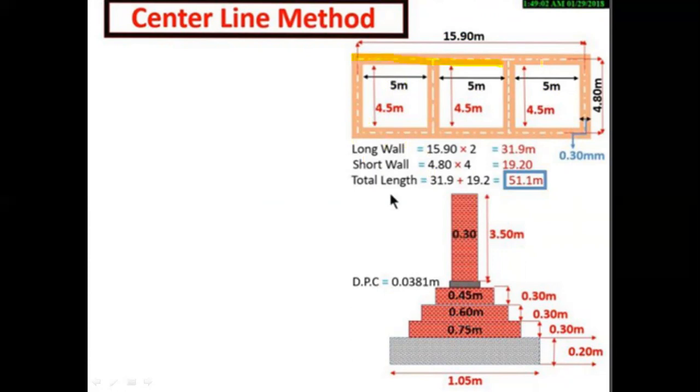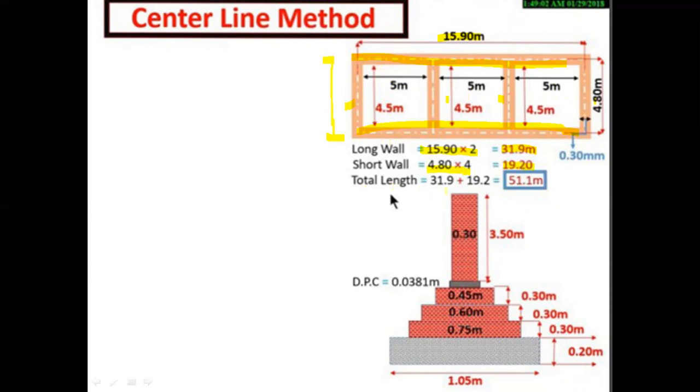The total length of each long wall is 15.90 meters, multiplied by two walls, that equals 31.8 meters. For the short walls, there are four in total, and each center to center length is taken as 4.5 plus 0.15 plus 0.15, that equals 4.8 meters. 4.80 into 4 equals 19.20 meters.